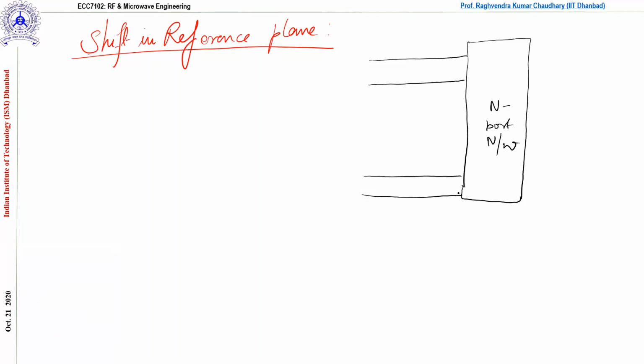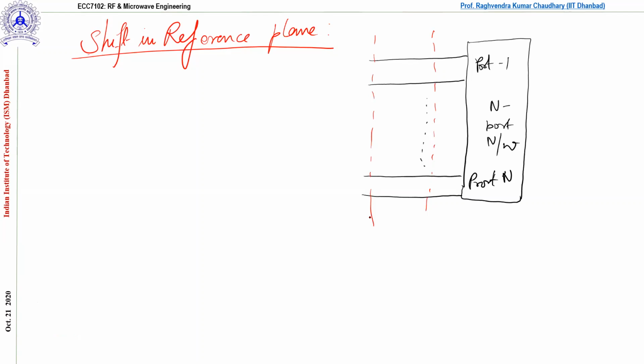We're not making the situation complex. So let's say this is port 1 and this is port N. Now the thing is, making a line will actually make the facts clear.